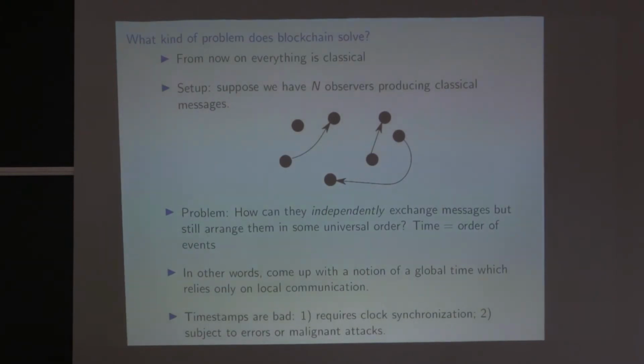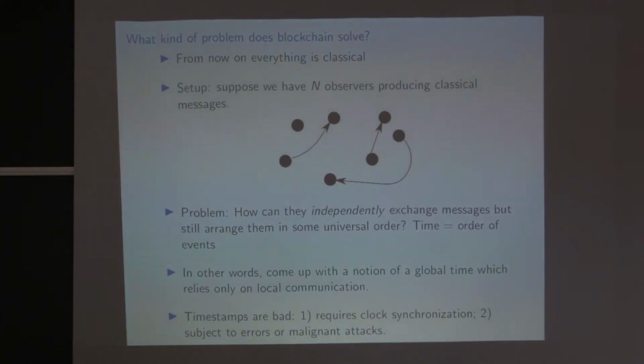So we have n independent observers, and they all have some computational power, and they produce classical messages. They exchange them independently, meaning that there is no central authority they report to. Each observer produces some new message and shares this message with its peers.